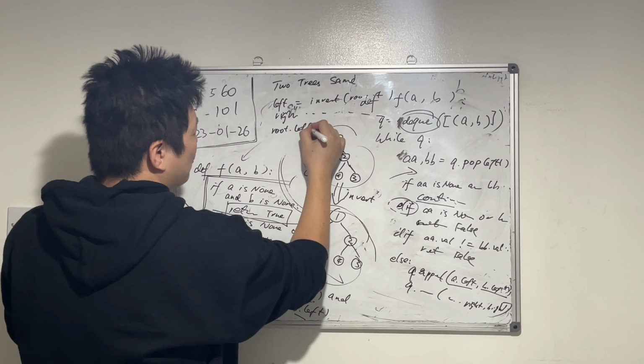If not root, then we just return. I want to invert this tree. So left needs to be the inverted version of the right tree, and the right will be the inverted version of the left tree, and then we keep recursively doing that.